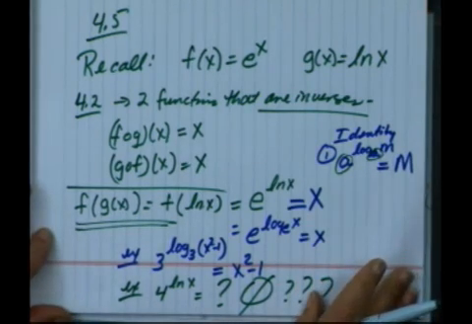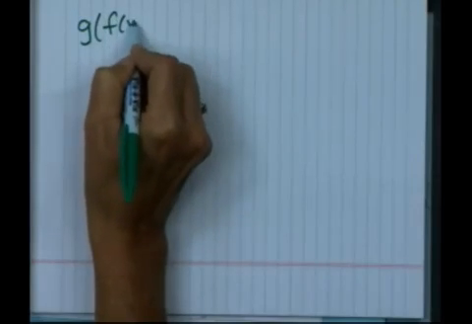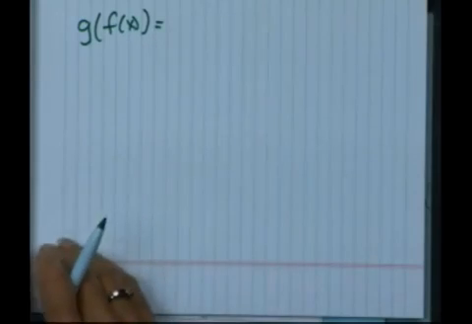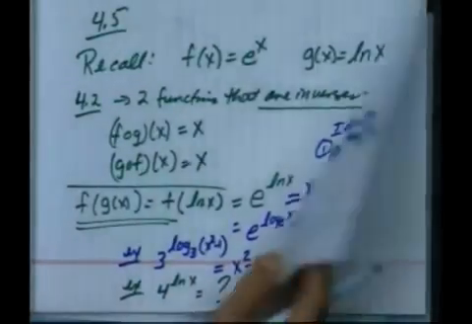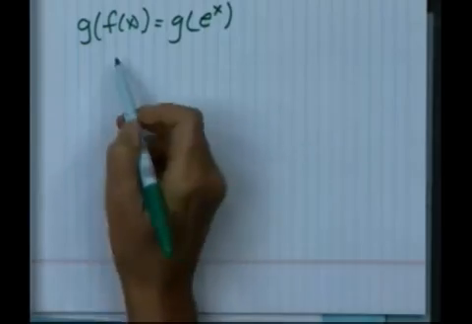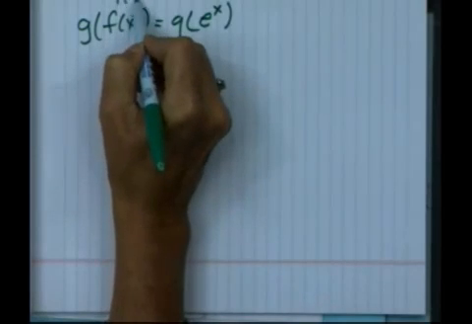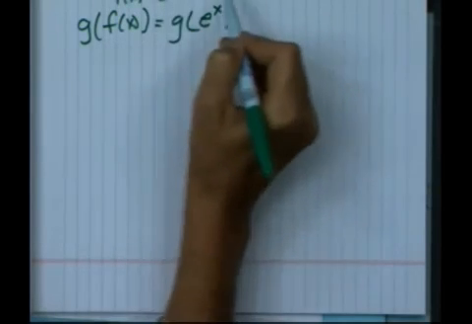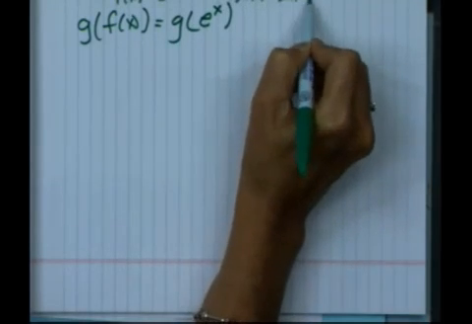All right, let's look at the composition g evaluated at f of x. If you flip back around, f of x is e to the x. Maybe I better write these up here. F of x is e to the x. G of x is natural log of x.